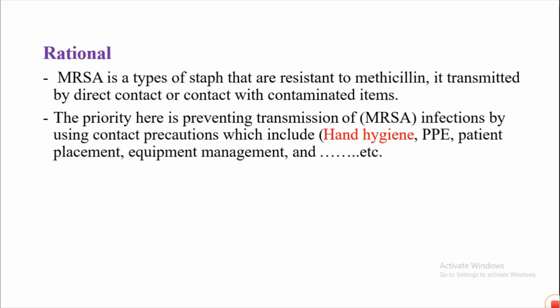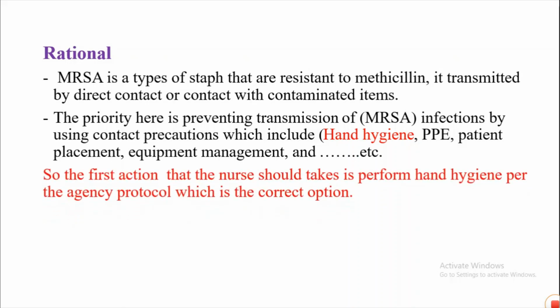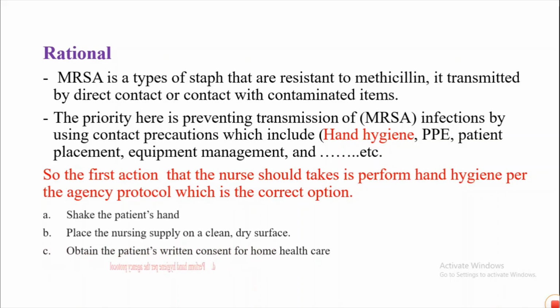The priority here is preventing transmission of methicillin-resistant Staph aureus infection by using contact precautions, which include hand hygiene, PPE, patient placement, equipment management, and so on. So, the first action that the nurse should take is performing hand hygiene per the agency protocol, which is the correct option.